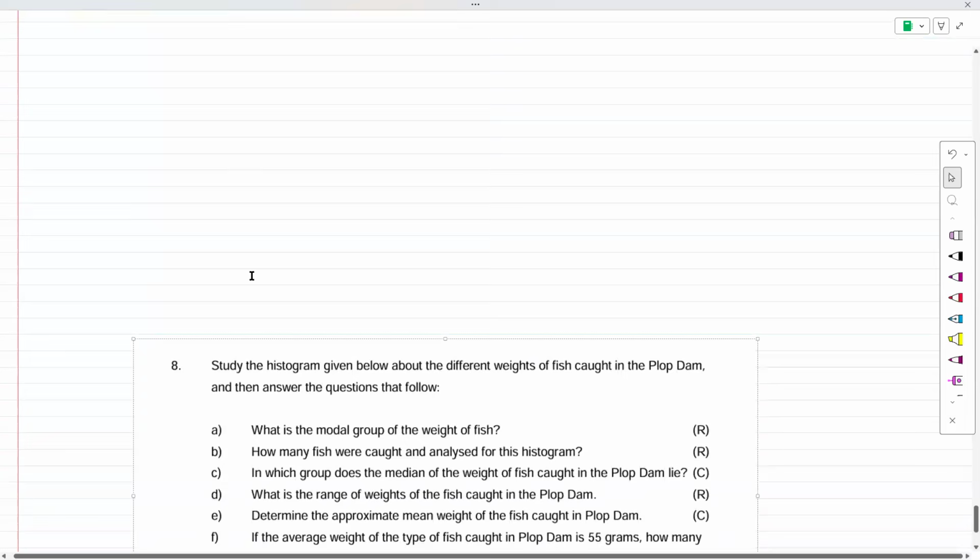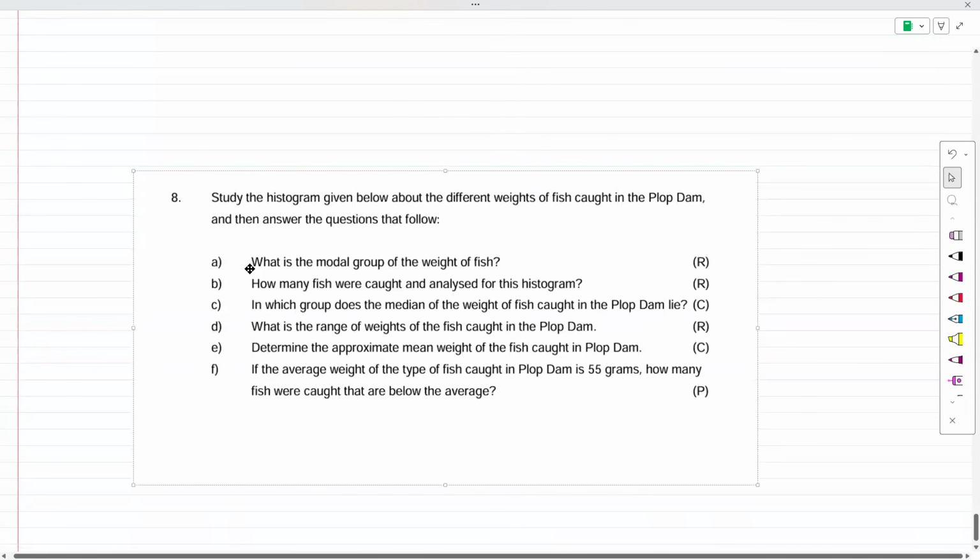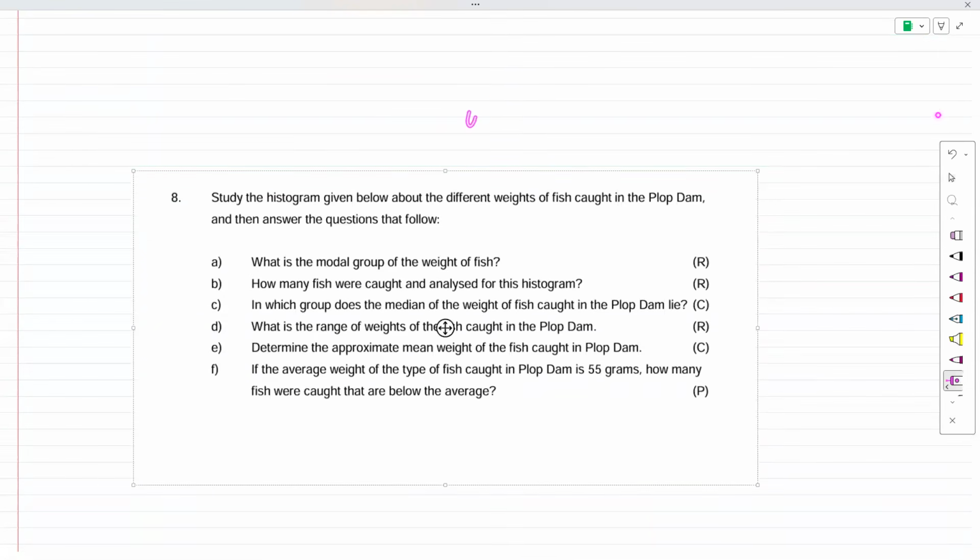I'll send the histogram on the WhatsApp channel, and I'll tag it in the comment part as well. In general, there's no histogram for this question, so I don't need to draw it out. I do have it drawn out, but we'll leave this question as homework. The histogram will be posted very soon and we'll work with it.